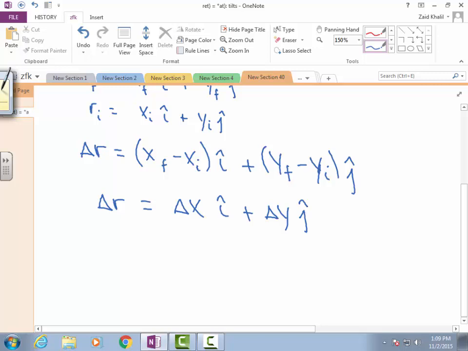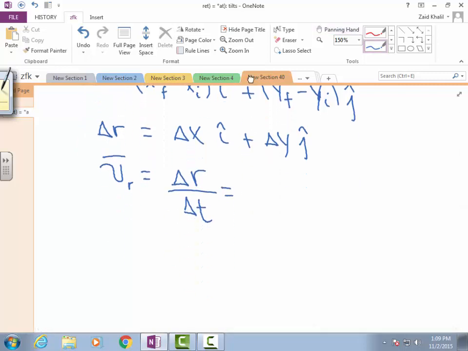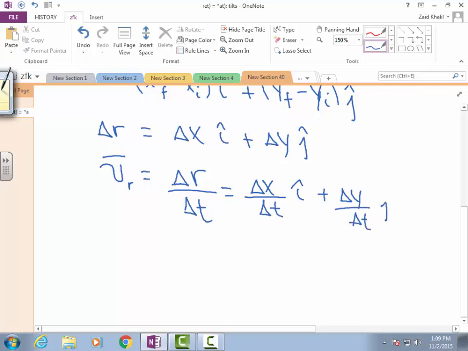And so now what can we define? Once we have displacement, we can define what velocity? Average velocity. So you can say average velocity in the r direction, in the radial direction, is defined as delta r over delta t. But what's that? That's delta x over delta t i hat plus delta y over delta t j hat.